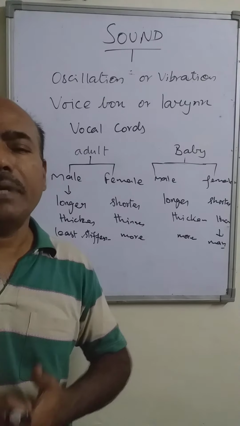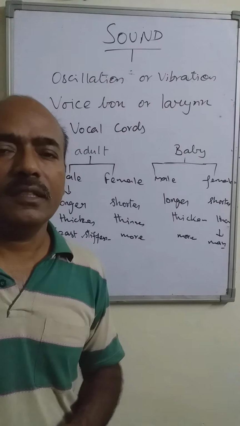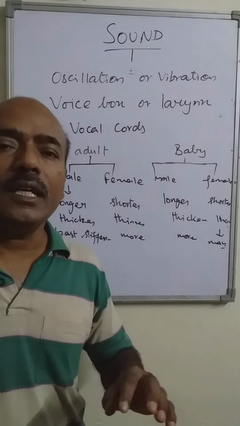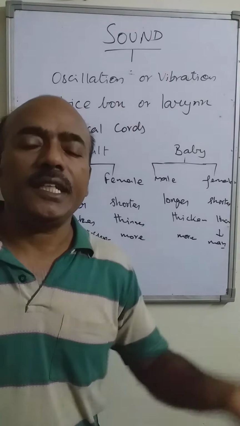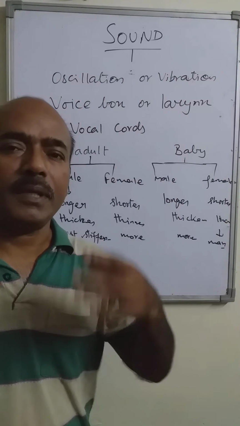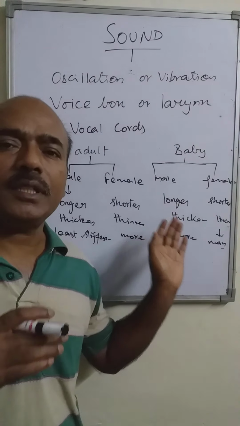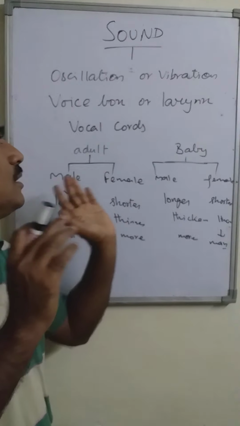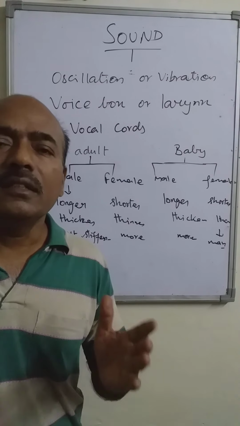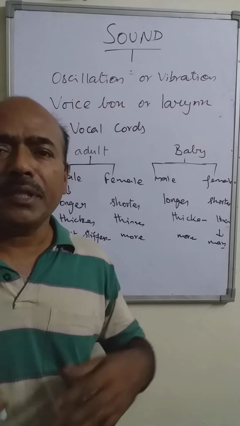Maximum stiffness is produced. That is why when a baby cries, we get irritated. First of all we say, calm him down, because of the shock. So this is some basic things about sound. We'll see more about sound in the next video.